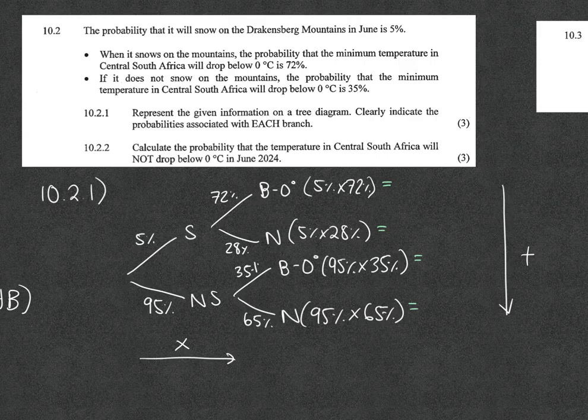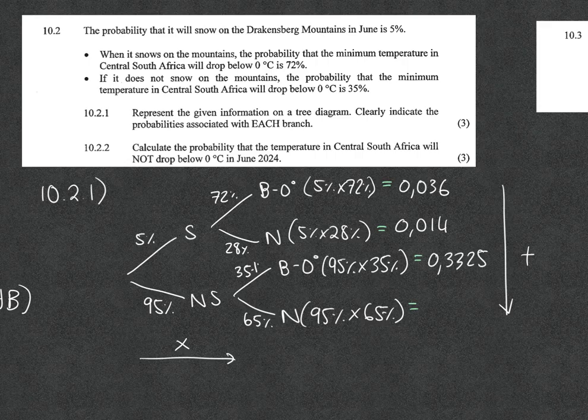Normally they do ask you to do the results, so let's put them in just for argument's sake. So 5% times 72% is equal to 0.036. 5% times 28% is 0.014. 95% times 35% is equal to 0.3325.